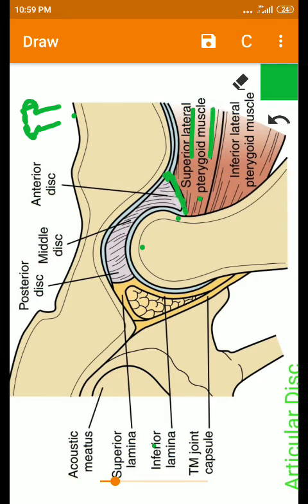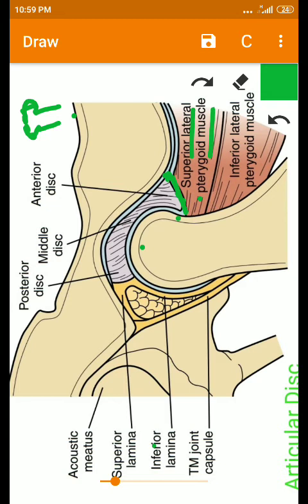So what are the anterior attachments to the articular disc? One is the joint capsule, which is present on the anterior aspect, as well as the superior lateral pterygoid muscle. This is about the anterior attachments of the articular disc.